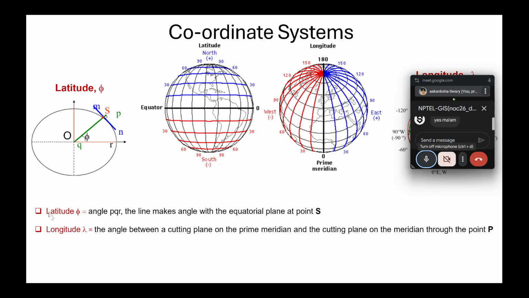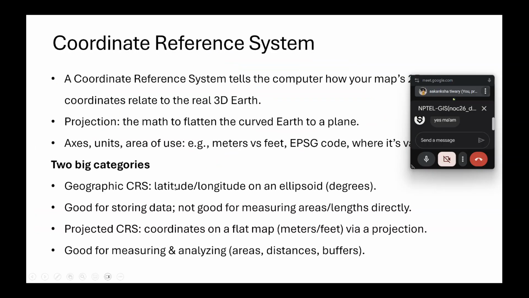So in the geographic reference system, we use latitude and longitude values, and they are in degrees. This is what we call the geographic coordinate reference system, and the other one is the projected one. In the projected coordinate system, these coordinates are on a flat map.